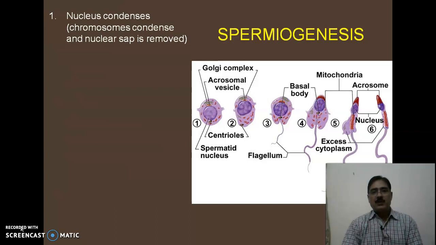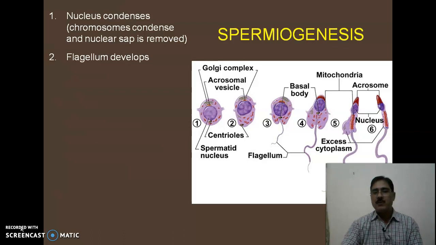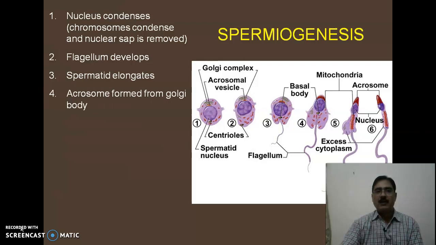During spermiogenesis, what happens? We can summarize it. First, the nucleus condenses. It means chromosomes condense and nuclear sap is removed. Second, the flagellum develops. Third, the spermatid elongates. Fourth, the acrosome is formed from Golgi bodies.